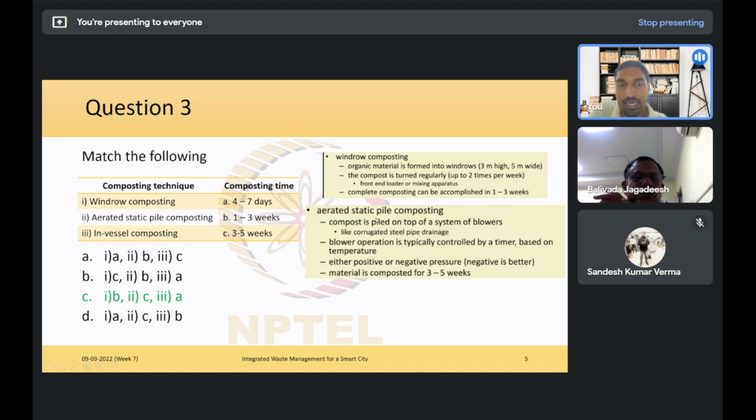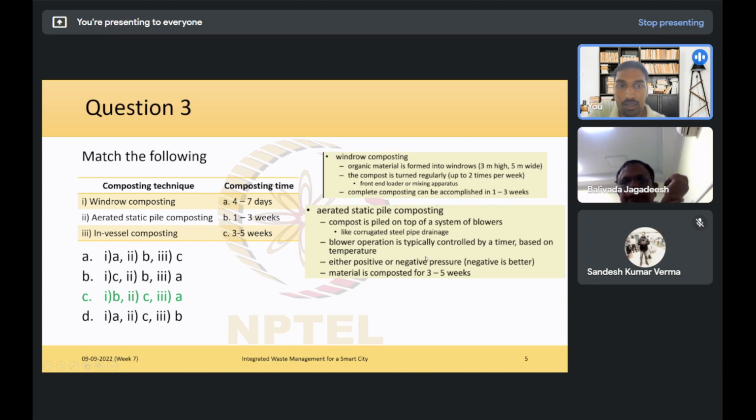Whereas if you go for a static pile, as the name suggests, the organic matter is not disturbed, right? But we will have air blown through this compost. Because air is needed, we need to supply air since we are not turning or mixing this organic matter. We blow the air through these static piles.